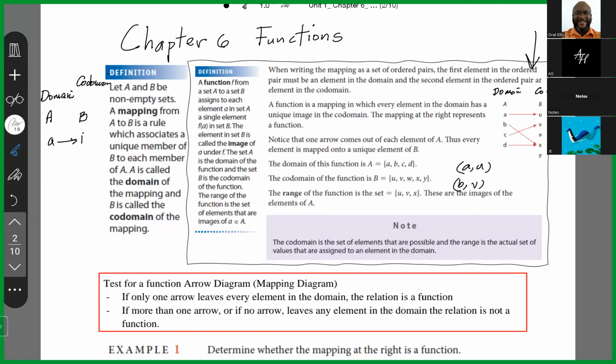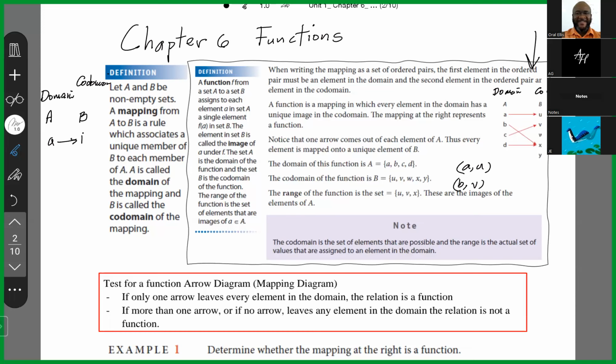Note that one arrow comes from each element of A. Thus, every element is mapped onto a unique element in B. Now, the domain of the function is the set A, B, C, D. The codomain would be U, V, W, X, Y, and Z. The range of the function is the set U, V, X.